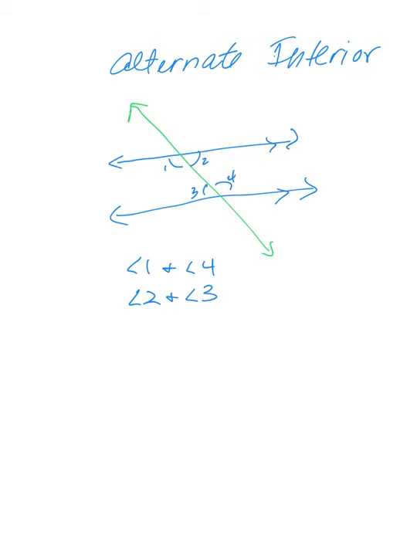But alternate interior, you've got to be able to identify them. Okay? Everybody understand how to do it? 1, cross the bridge and go to the other side, and 4. 2, cross the bridge and go to the other side, and 3. You see it? So when the two lines are parallel, these angles are congruent.